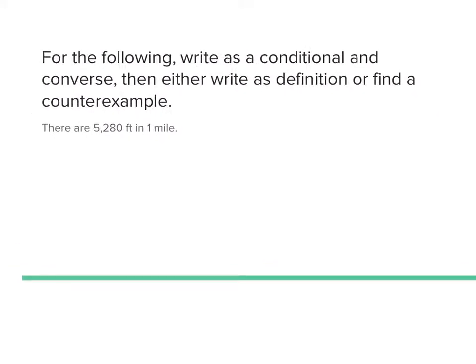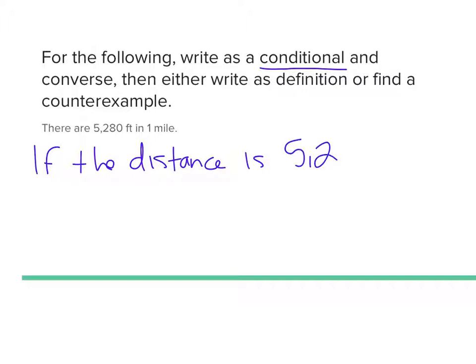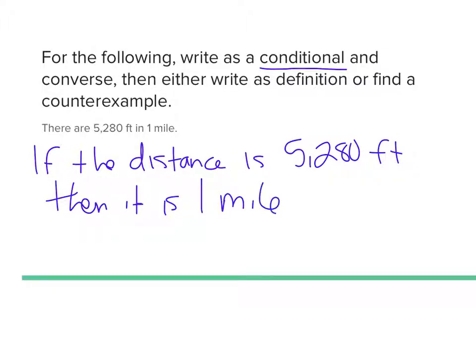So if I wanted to look at this and say there are 5,280 feet in a mile. If I wanted to go conditional, I'll do that in blue. If the distance, because that's what we're talking about, a distance, is 5,280 feet, then it is 1 mile.